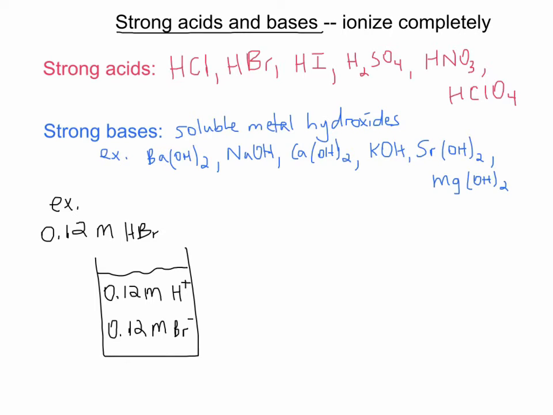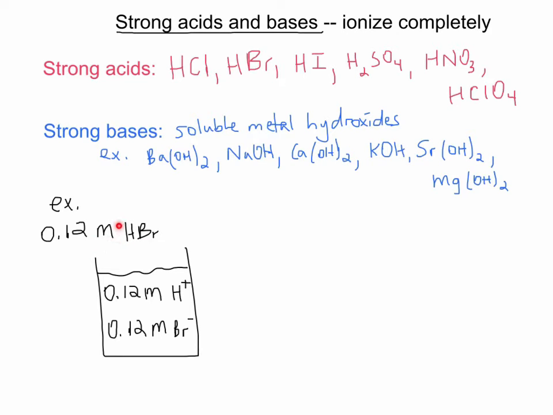To show an example of how these strong acids and bases ionize completely, I'll do one example of an acid and one example of a base. Here's the example of the strong acid HBr. If we have 0.12 molar HBr, 0.12 molar is the concentration of HBr.